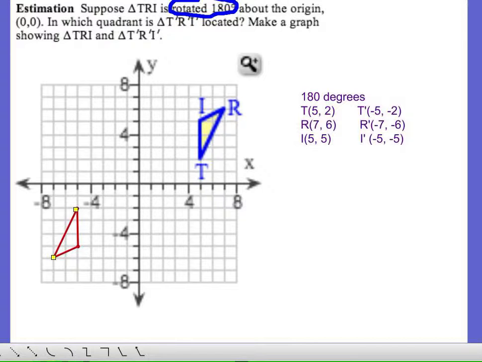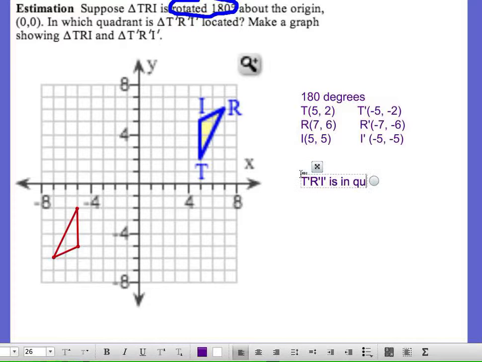Just plot the points. Remember your rules. As we look, we can see that T prime, R prime, and I prime is in quadrant 3.